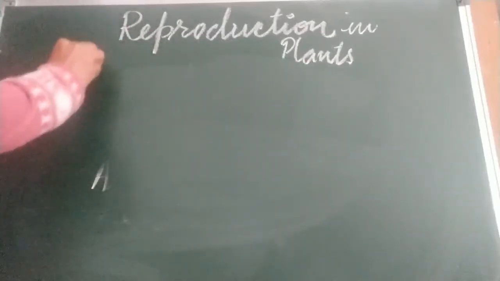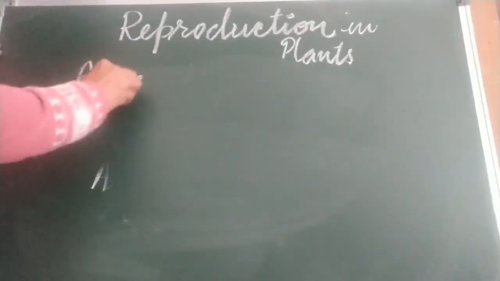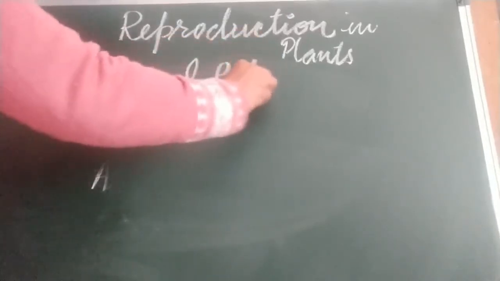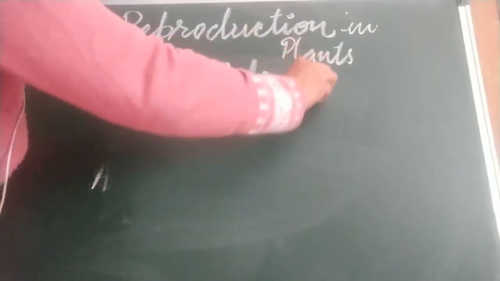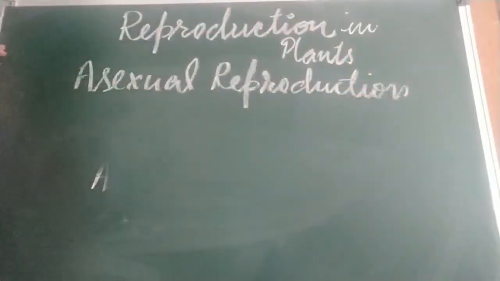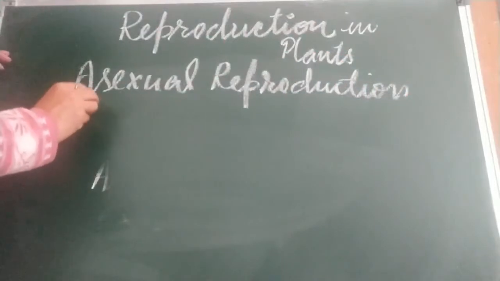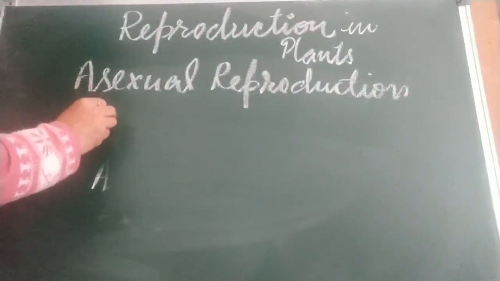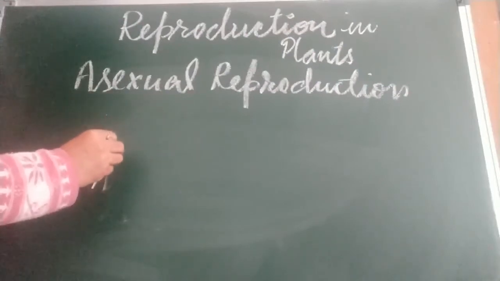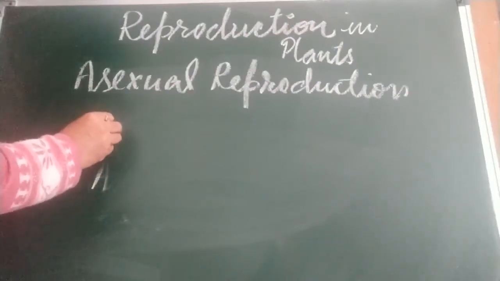What is asexual reproduction? The formation of a new plant from the cells of a single parent is called asexual reproduction.